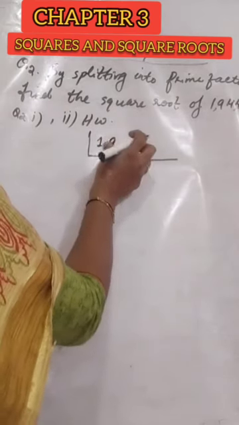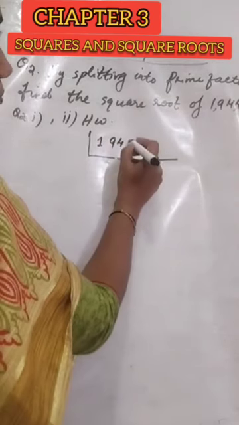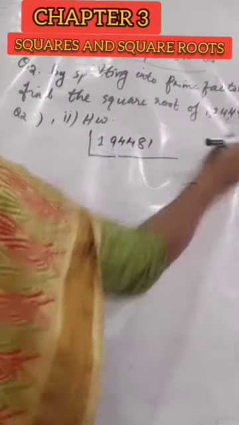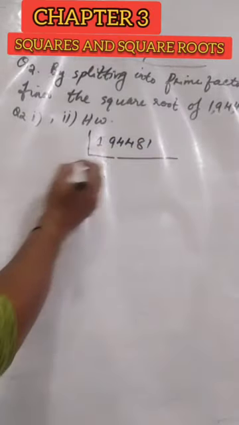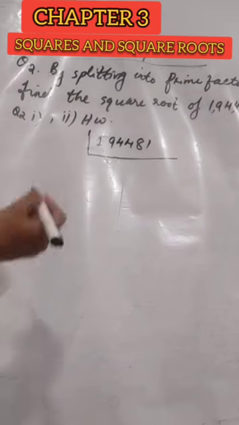1, 9, 4, 4, 8, 1 are the digits of this number. So look at which number this is divisible by: 2, 3 or any number.